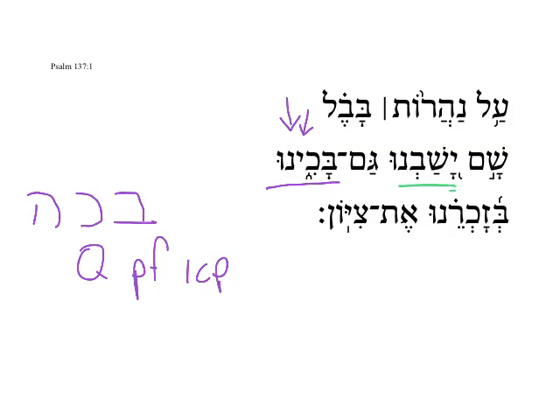And we can compare it in this case to yashavnu with the root letters yod, shin, beit. And so it's just a little bit different because there wasn't a he that was pushed out of the way for a yod. And we can just see a nice comparison here between these two kal perfect 1cps.